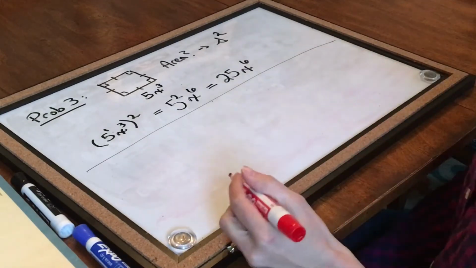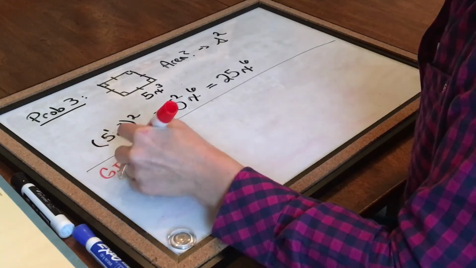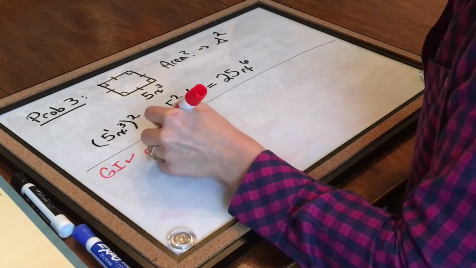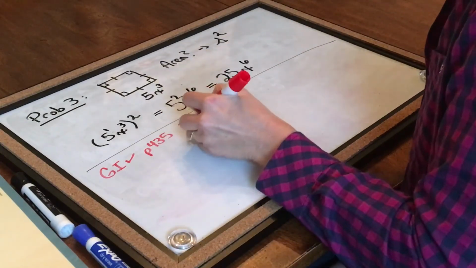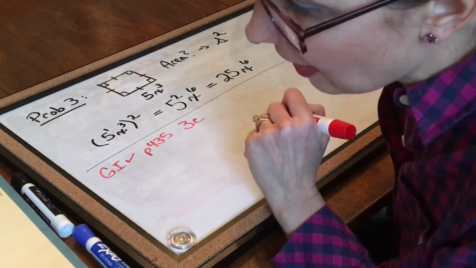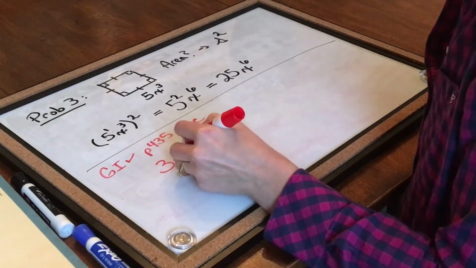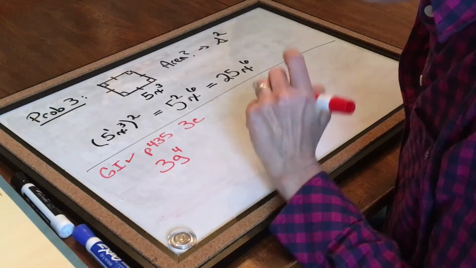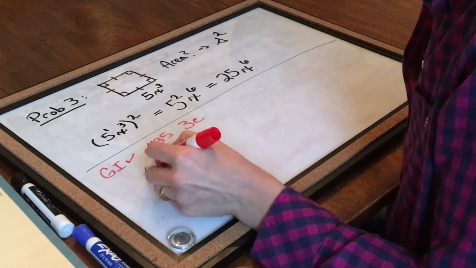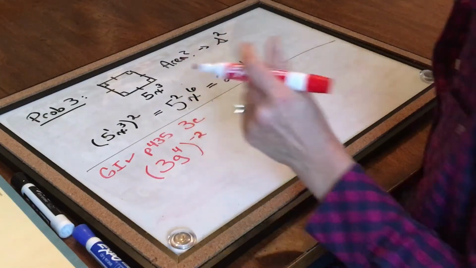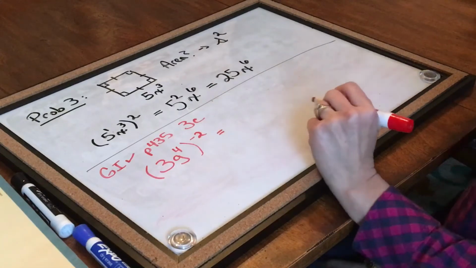All right, let's try the gotta check. So the gotta check is on page 435, and we are doing 3C. So 3C asked us to take a look at 3g to the fourth power, and we're going to raise that to the negative 2. Okay, so let's get to work, okay?